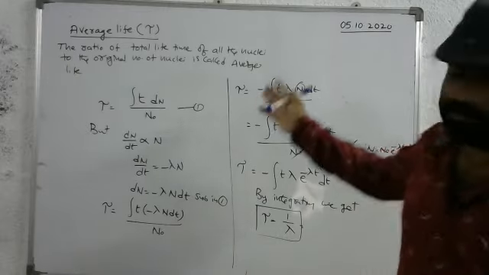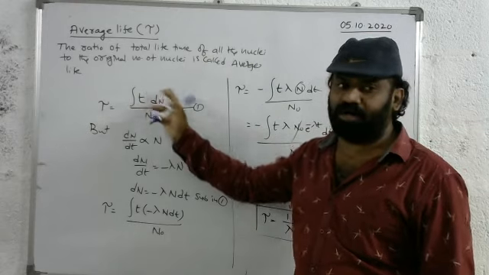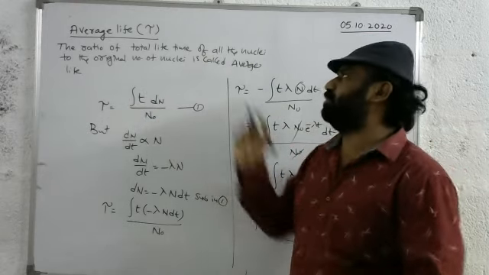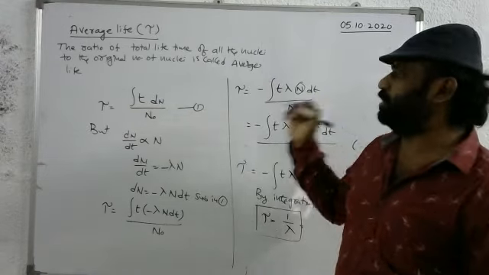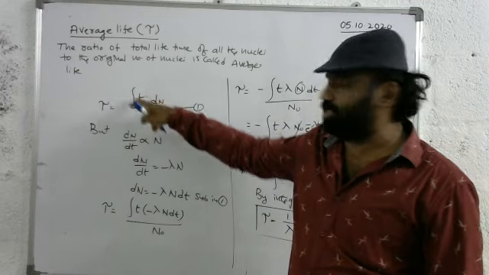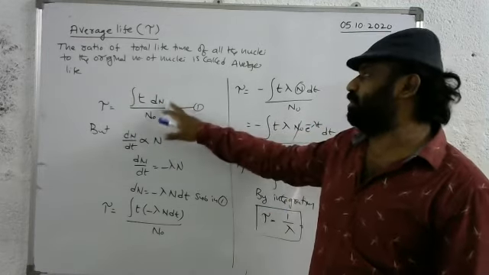Once again, look here. Average life: the ratio of total lifetime of all the nuclei to the original number of nuclei is called average life. Here the expression is tau is equal to integral t dn by n naught, where the integral represents the total lifetime of all the nuclei.